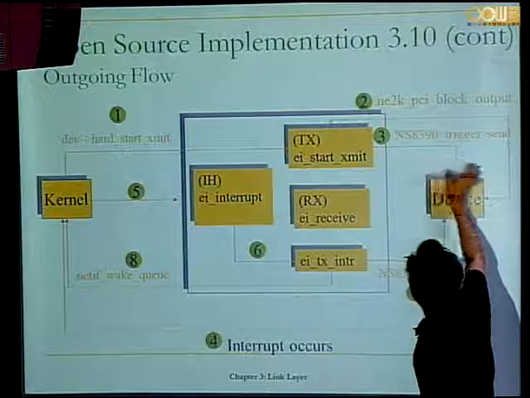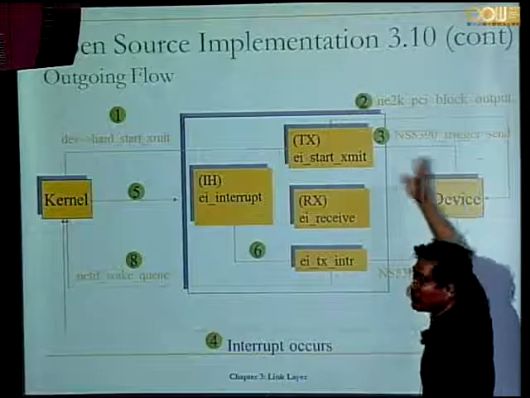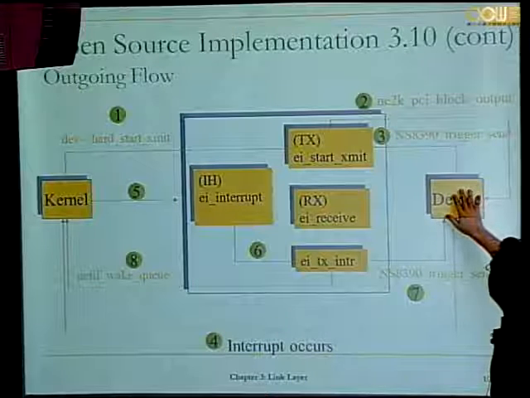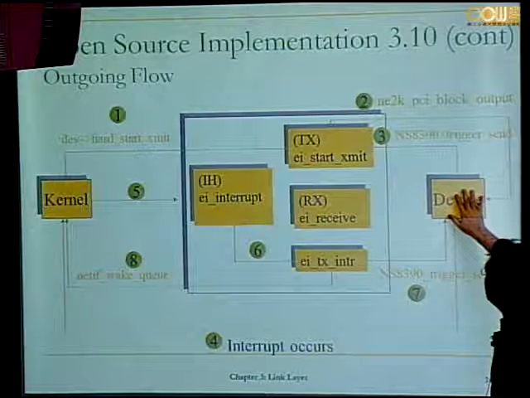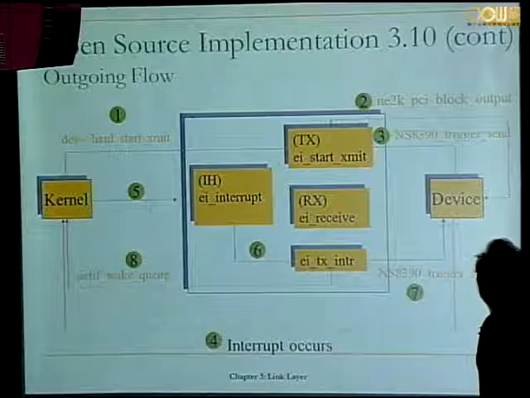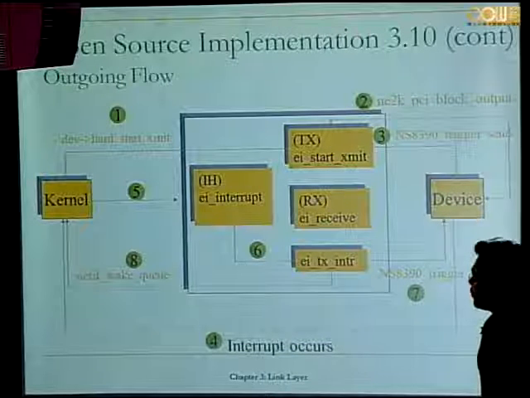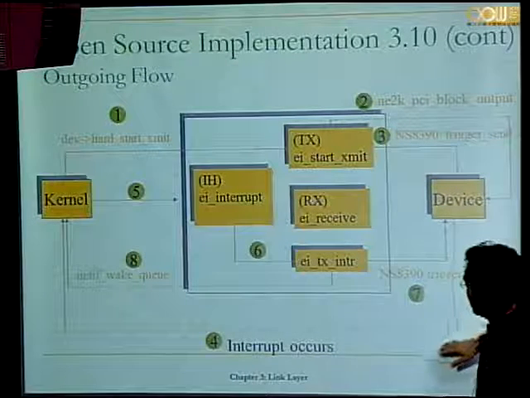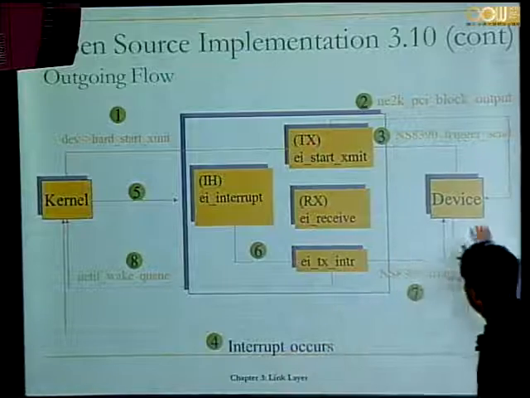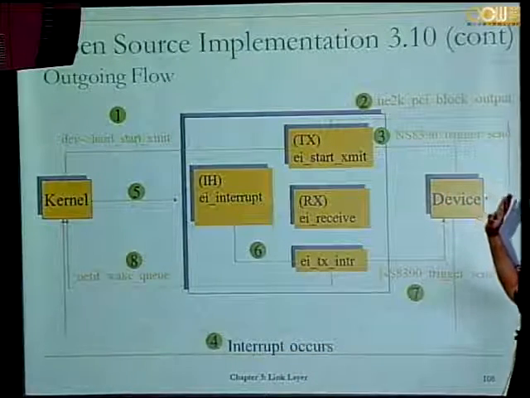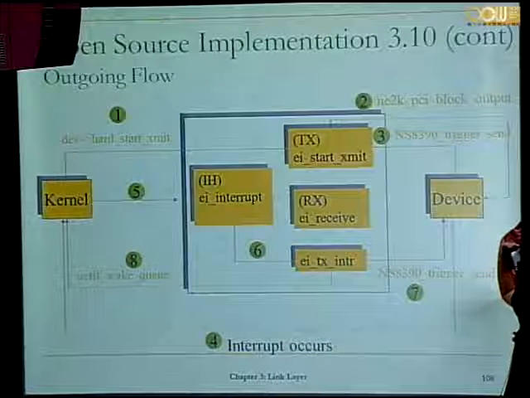The DMA will do the job to move the packet, to move the frame, and then the device, after the frame is moved inside the device, will start to send the frame. And if the frame is sent successfully, it will then generate an interrupt. As we say, after you finish the DMA, you don't generate an interrupt right away.